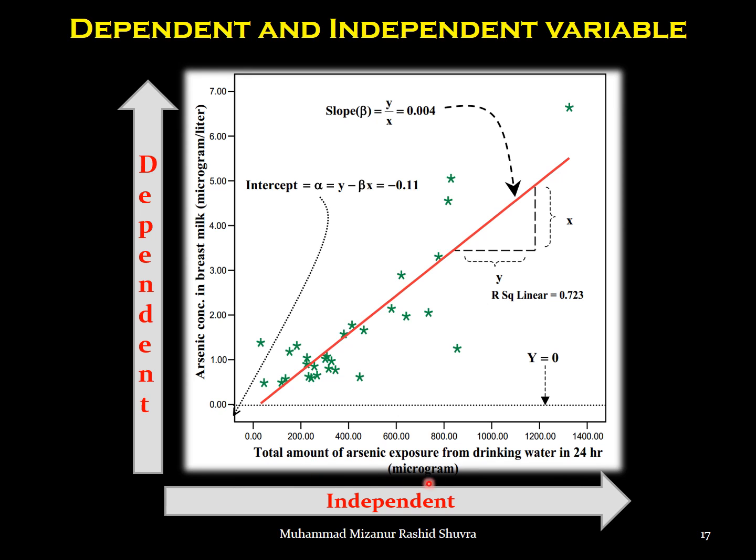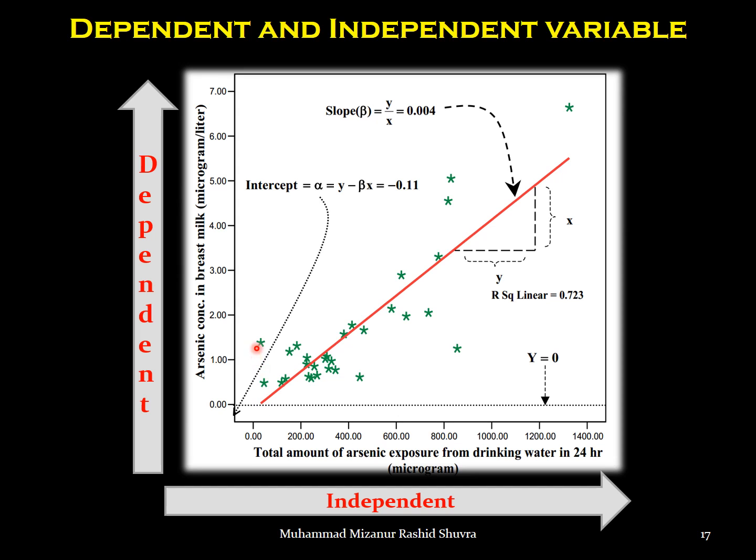The independent variable is the total amount of arsenic exposure from drinking water, and as this changed to different values in my result, 200, 400, these graded results spit out by the computer statistical software, so did the values of arsenic concentration in breast milk change, as the total arsenic exposure from drinking water in 24 hours changed.